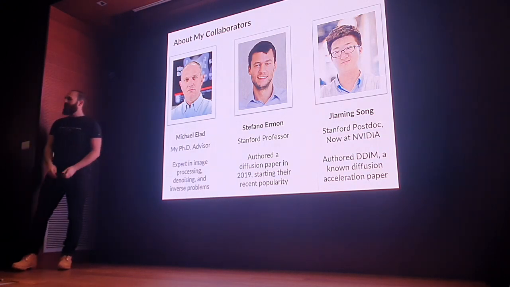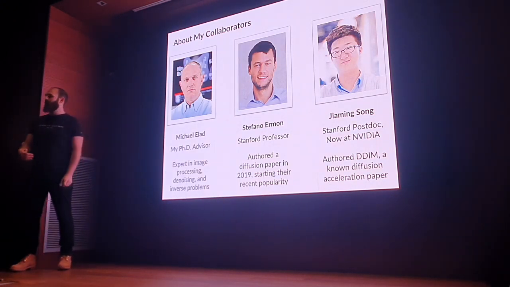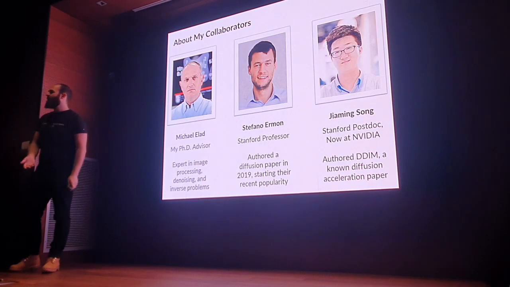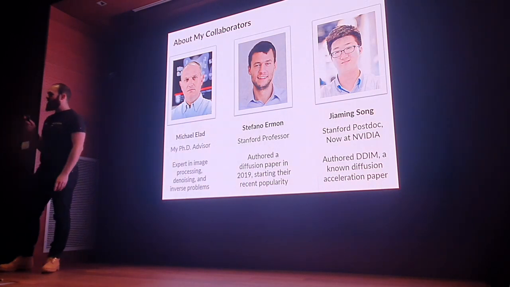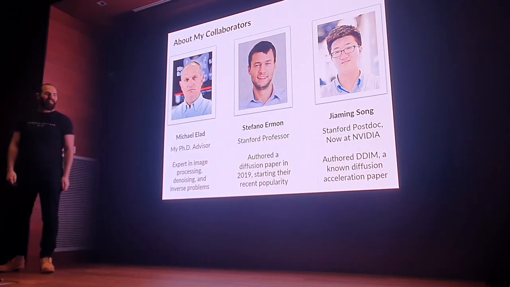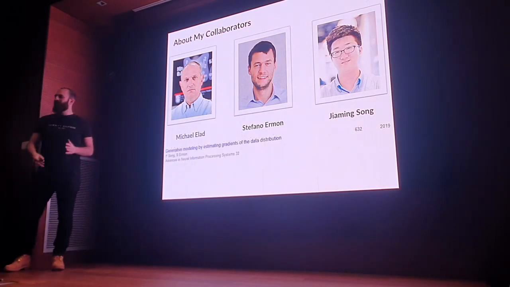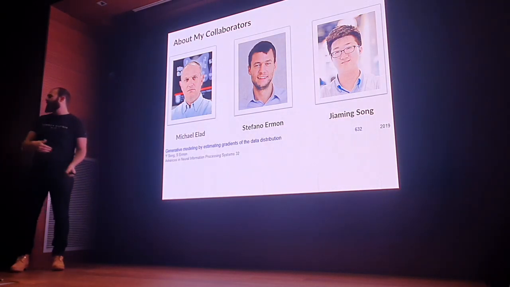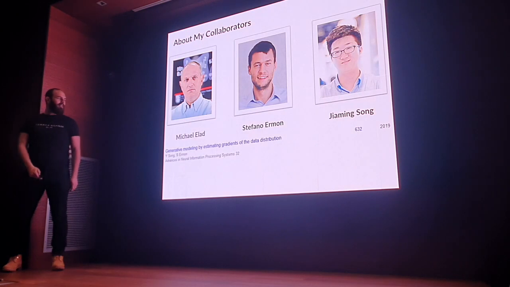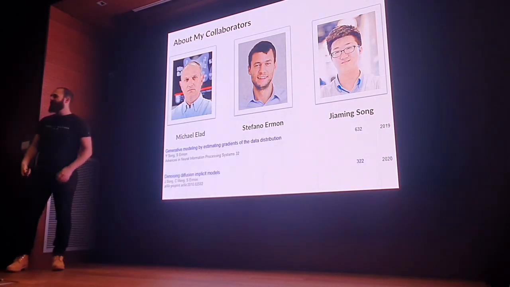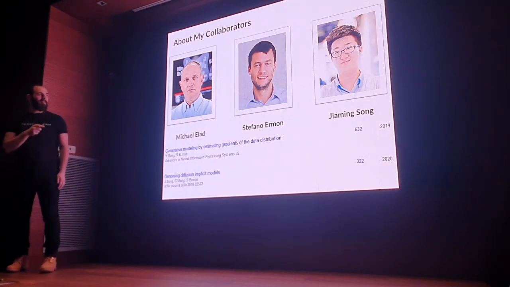And he authored a paper called DDIM, Denoising Diffusion Implicit Models, which accelerated the diffusion process from 1,000 steps to around 20. So that's one of the papers Mike mentioned. Non-Markovian noise. Yeah, the non-Markovian model. So this is just to see the impact of these papers. This is the first basically paper in 2019 which sparked this revolution, by Ermon, and this is the paper that accelerated it with the non-Markovian paper.